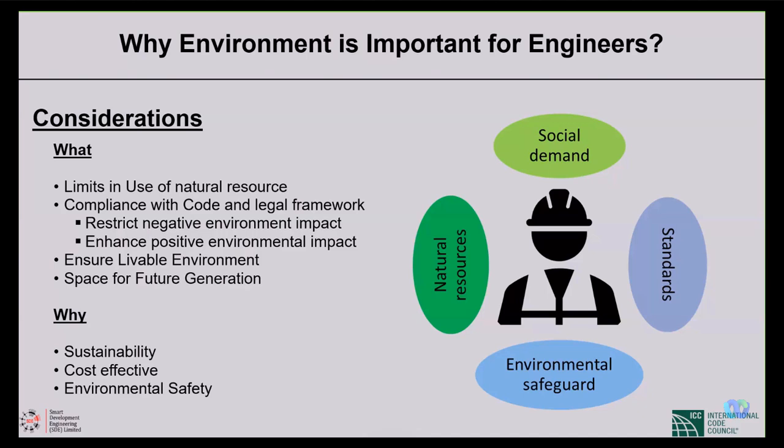At the end of the day, whatever the engineer produces must be sustainable, cost effective, and environment safe. That is what we want at the end of the day. Why is this not happening? One of the things we should consider is limiting use. When you use, let's reduce the wastage.